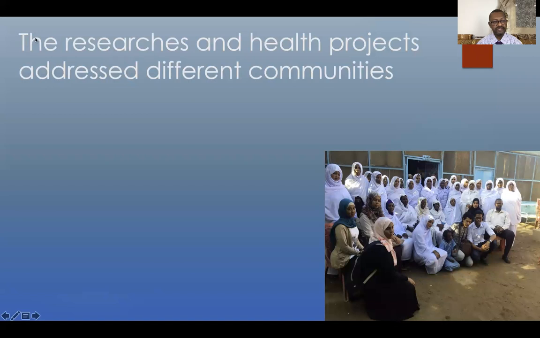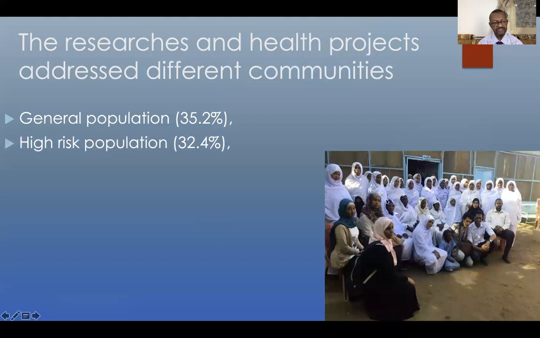Also, researchers and health projects address different communities. This here is a very nice picture. I am proud of this when I trained village midwives in a school in central Sudan with my students. You can consider the general population at risk.